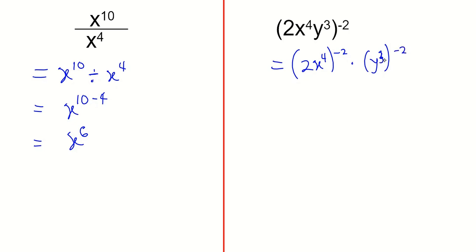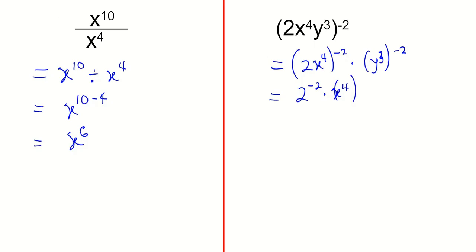Now it means that we are going to simplify. At this point, we have 2 exponent minus 2 because the minus 2 is going to affect the base here and also going to affect x exponent 4.